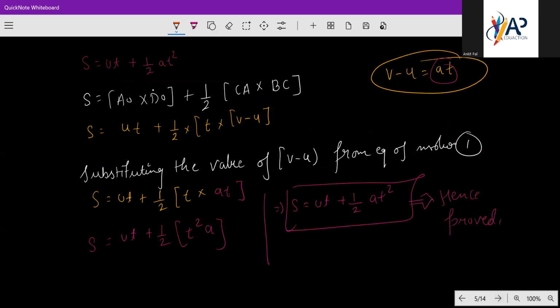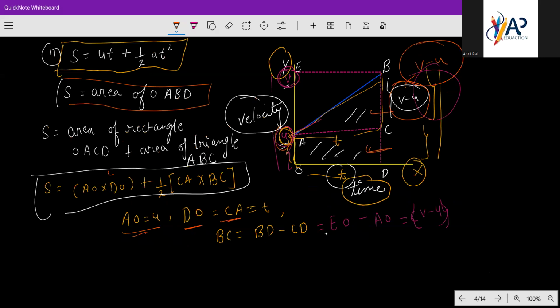Now we put the values in this equation. OA into OD plus half base into height. OA is equal to u, OD is equal to t, plus half base is t, height VC. We know the value of VC, which is v minus u.